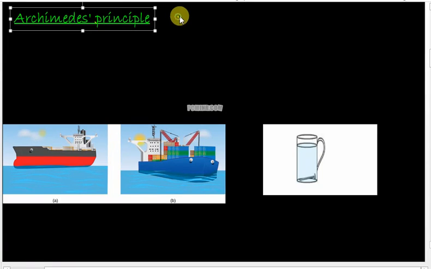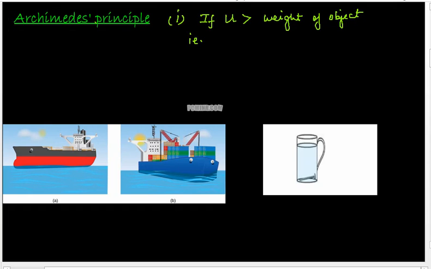And so based on the amount of upthrust, we can determine whether an object will float or sink. So if your upthrust is greater than the weight of the object, that is, the weight of the liquid displaced is more than the weight of the object, then obviously the object would float on the surface because it is receiving a greater upthrust.